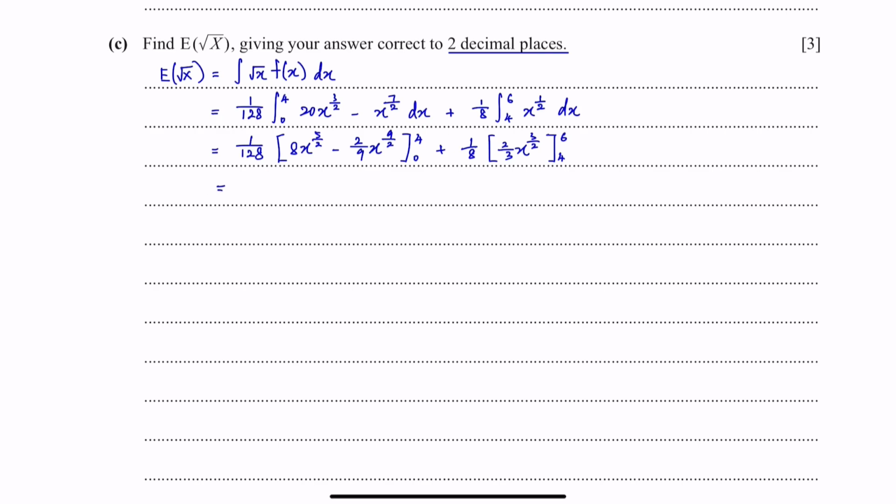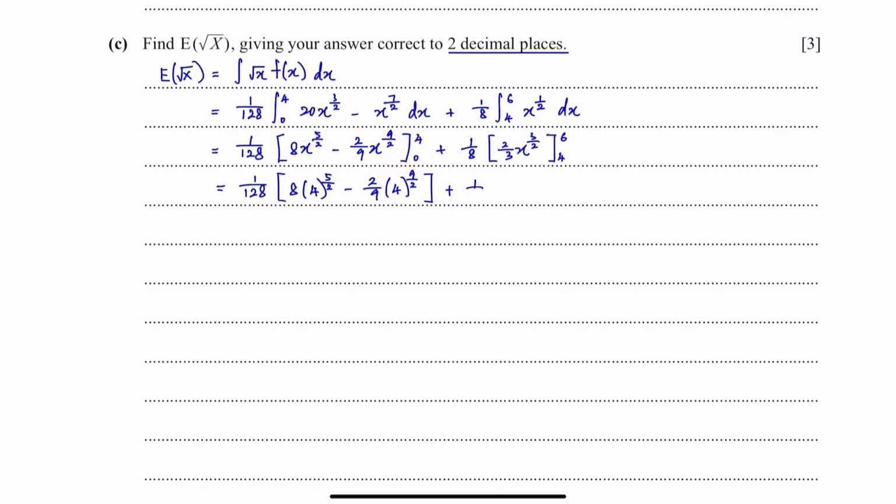So now 1 over 128 multiply 8 times 4 to the 5 over 2 minus 2 over 9 times 4 to the 9 over 2. When we sub 0 into x, we get 0 as well, so we can ignore that.